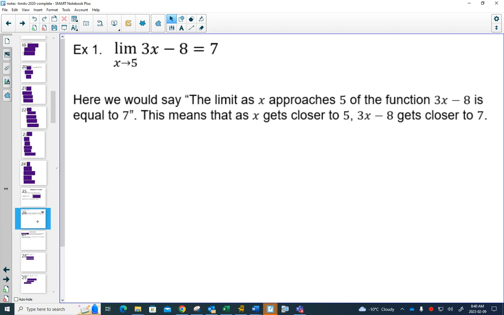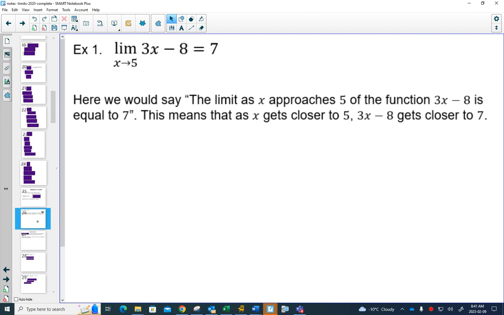Okay? So the limit as x gets close to 5 of 3x minus 8 is equal to 7, because if you plug in 5, 3 times 5 is 15, minus 8 is 7. And if you plugged in something close to 5, you'd probably be close to 7.